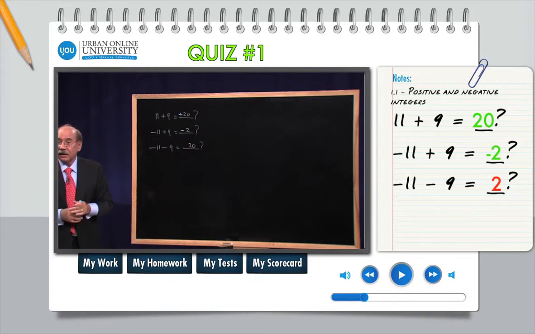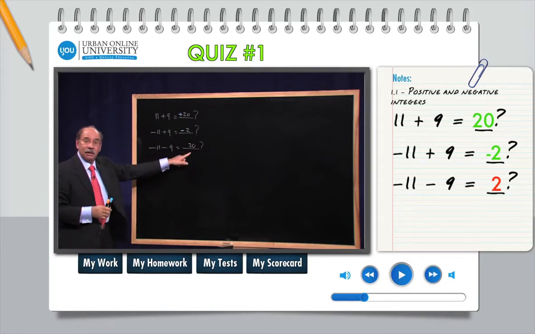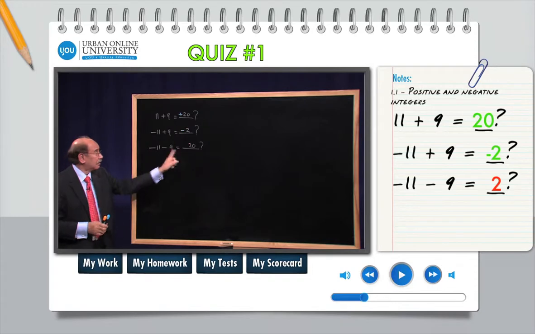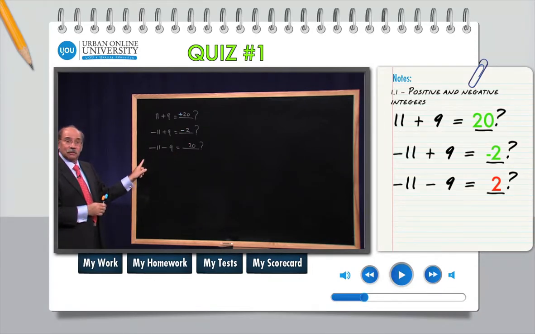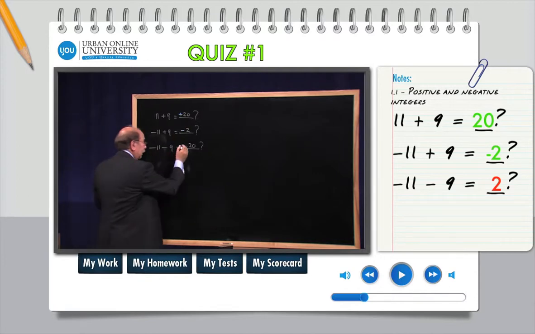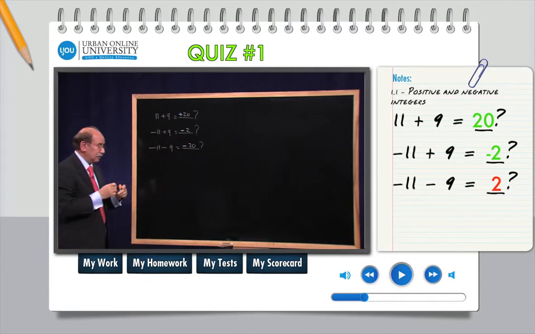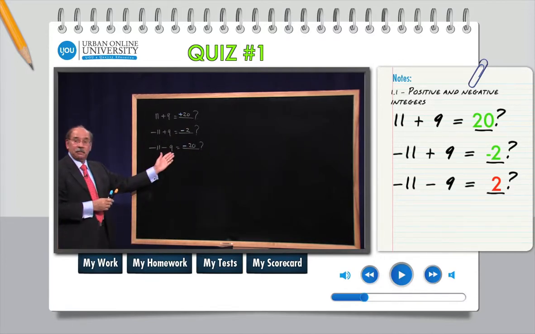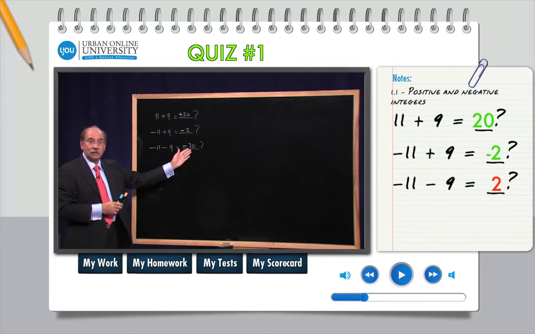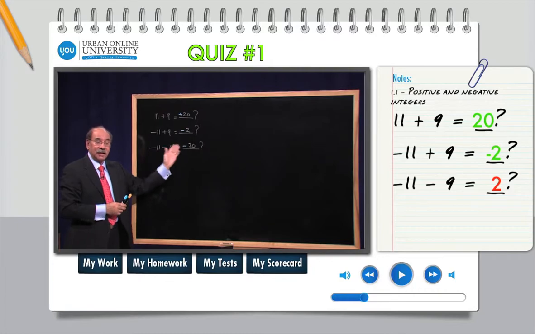And what sign will this answer have? The sign of either of the two numbers. That sign is negative here, so insert the negative sign, and the answer for this problem, negative 11, negative 9, is negative 20. Don't forget to place the negative sign here.